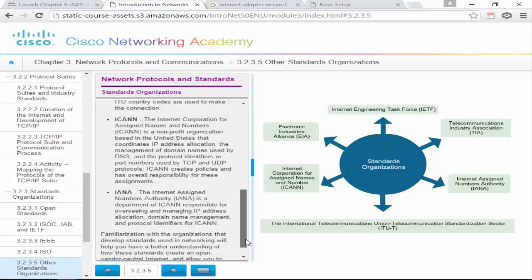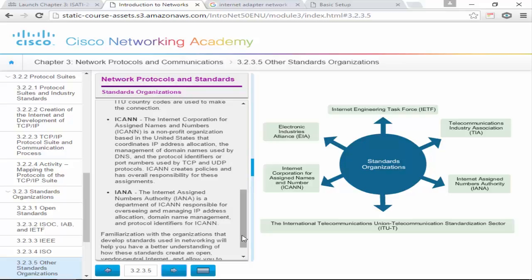The one that is the most important is probably IANA, the Internet Assigned Numbers Authority, a department of ICANN responsible for overseeing and managing IP address allocation, domain name management, and protocol identifiers.